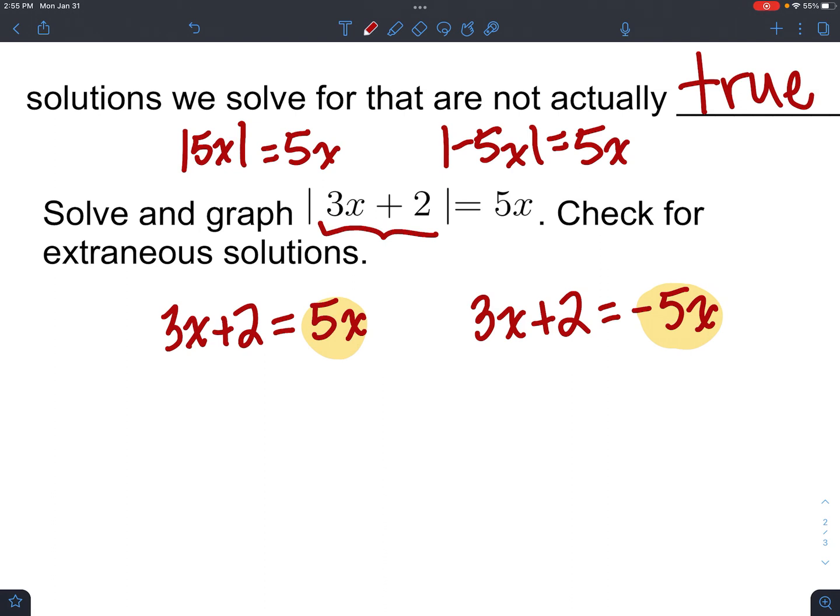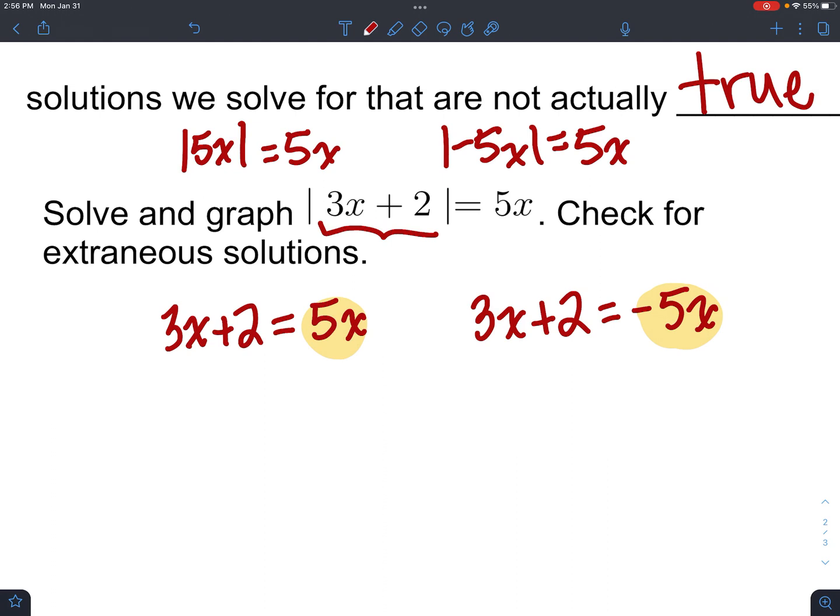It is true the absolute value of 5x is 5x, but x can be negative, and it's really the negatives that are going to screw this up. So even though I wrote this down, it's not actually totally true, but it is our technique, so we're going to stick with it, and then we're going to have to pay the price by having to check our solutions.